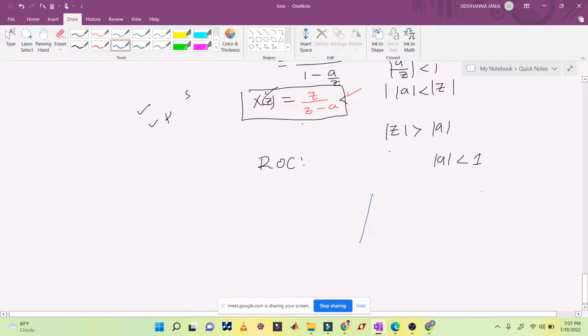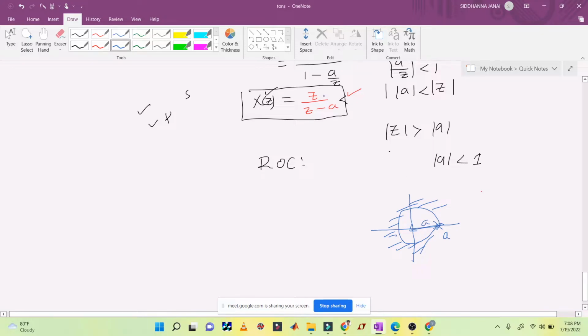In this plane, there is some point A. Beyond this point, our Z transform will converge. That means it is outside this circle. The radius of this circle is A. What is this A?